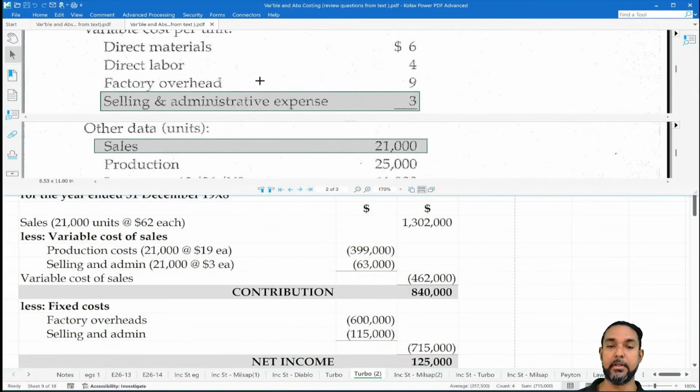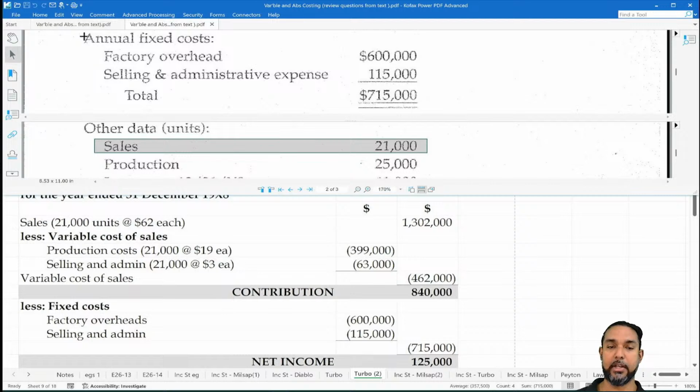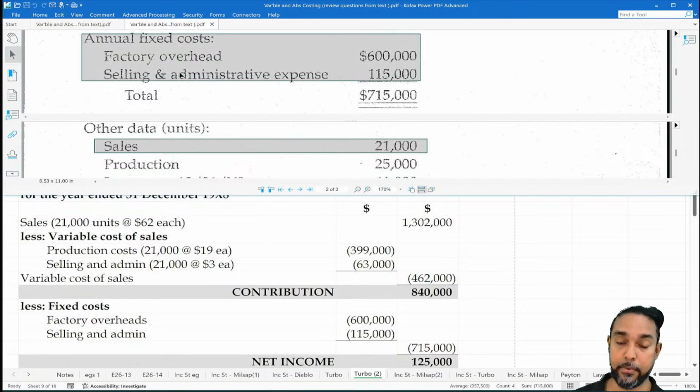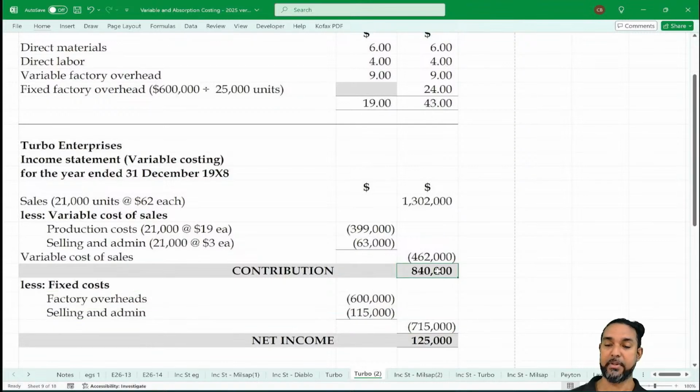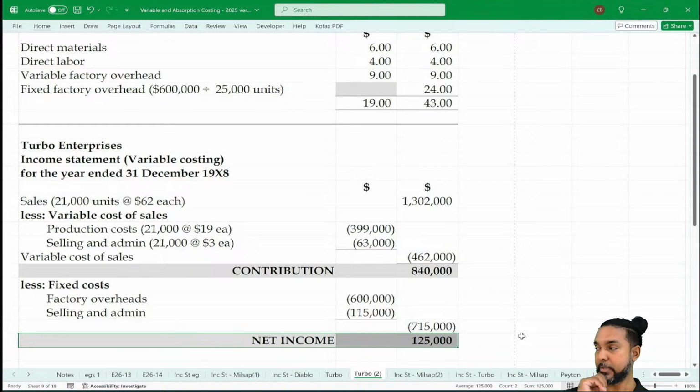Annual fixed cost is 600,000 for factory overhead and 115,000 for selling and admin. We subtract them in total from the 840, and that gives us our variable costing net income. So that's basically what we did so far, apart from a brief recap from last week.